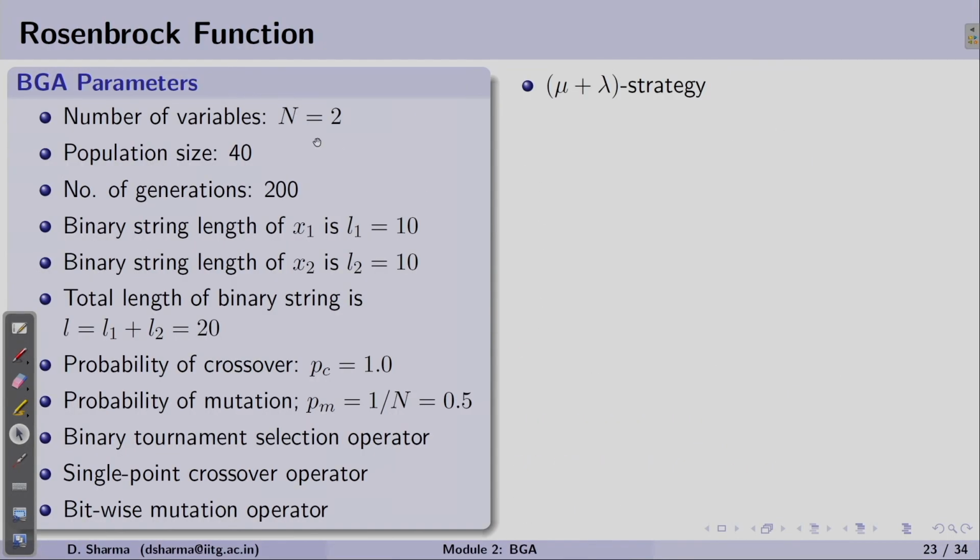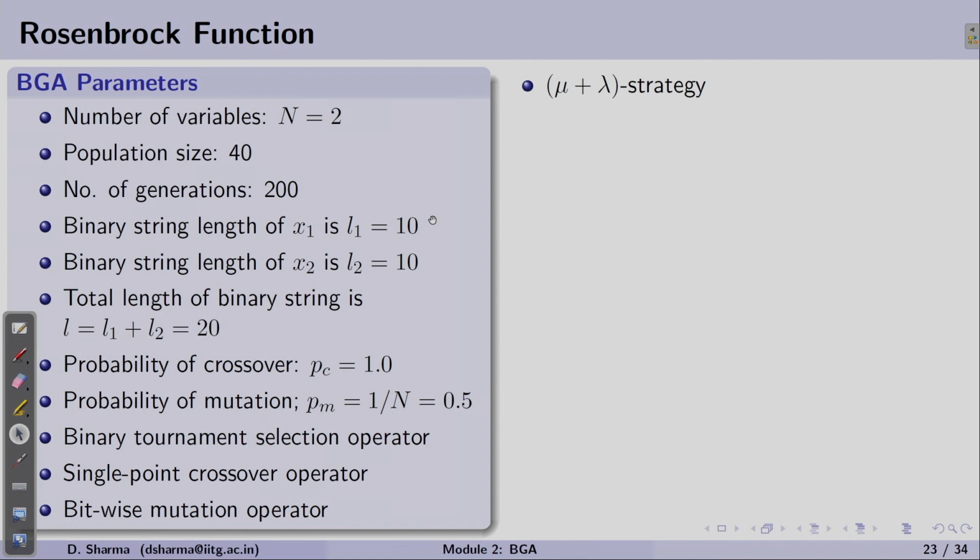Here the number of variables remains 2, population size remains 40, number of generations 200, but the binary string length has been changed. Remember that if we take a larger binary string, then the precision of x1 will be higher.